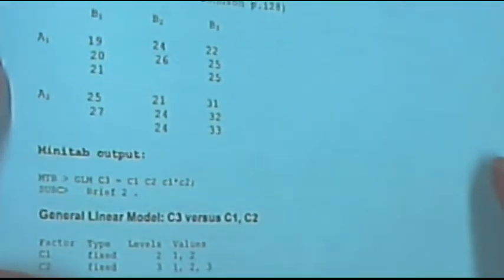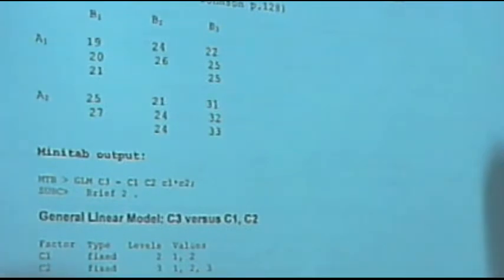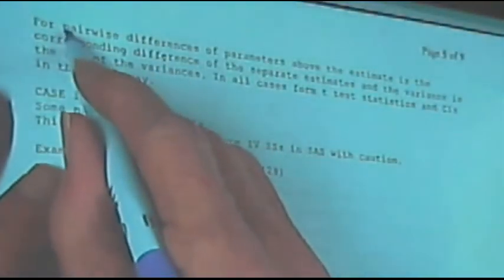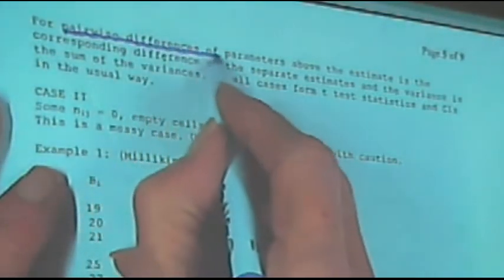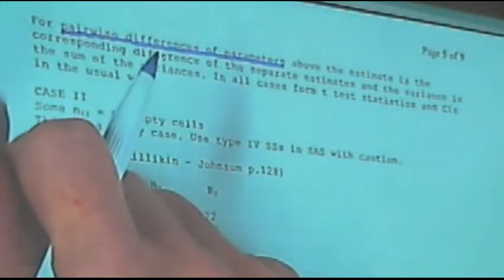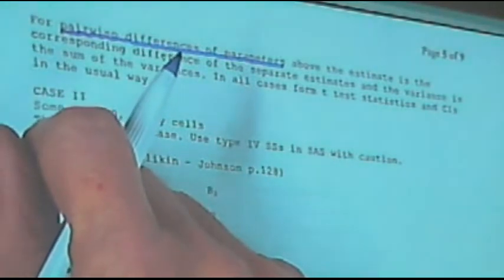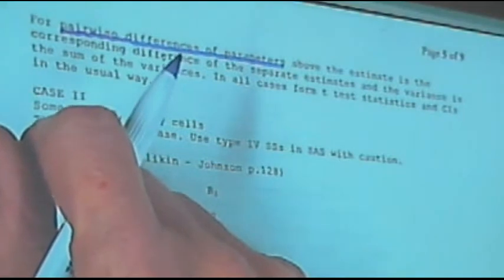The comment at the top of the page here is an important one because we're often interested in talking about pairwise differences. What's the difference between the first row and the second row? So you form a difference. How do you make a statistical inference about such a difference? Well, you take the difference of the simple estimates.